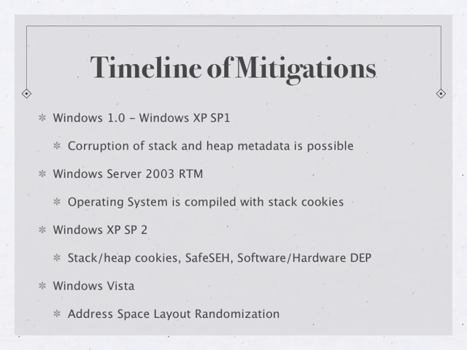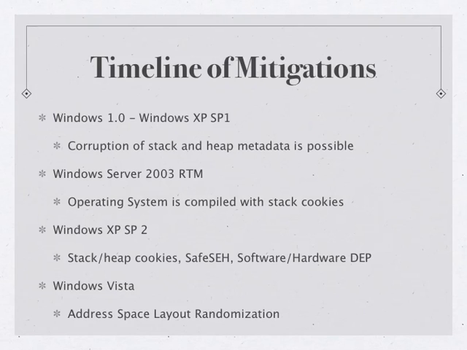Up until XP Service Pack 1, basically there were no mitigations, and you could corrupt the stack return address, and you could also corrupt the metadata on the heap. When Windows Server 2003 came out, they built what are called stack cookies, and I'll talk a little bit about what those are. XP Service Pack 2 was the big one. This is where they really put a lot of stuff in there.